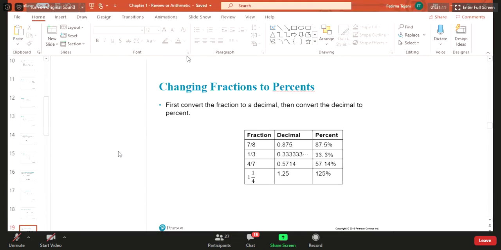So 1 divided by 4, you first calculate it, which comes to 0.25, plus 1, so it will be 1.25, and then multiply by 100.